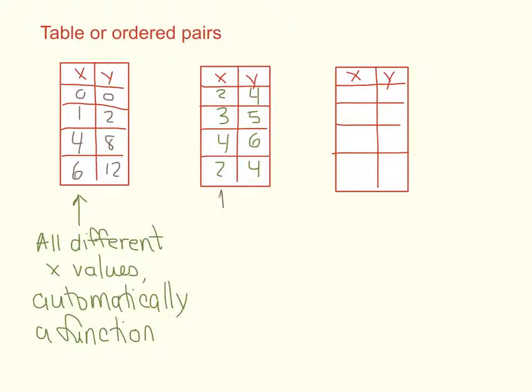If you notice, this one and this one have the same x values. That's when I want to look at the corresponding y values. So this 2 is matched up with 4, and so is the bottom one. So because they're matched up with the same one, it's still a function. It's a function because 2, 4 is the same ordered pair.